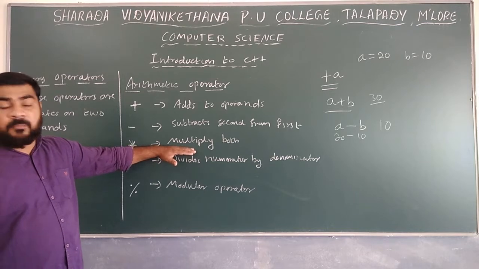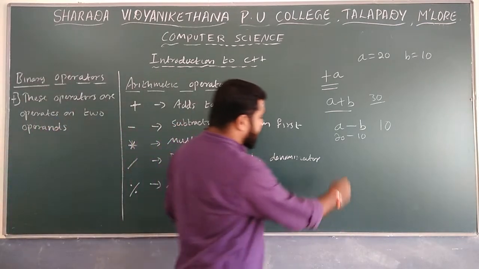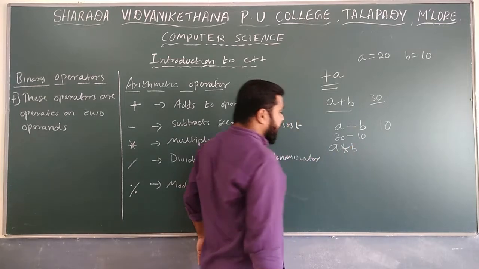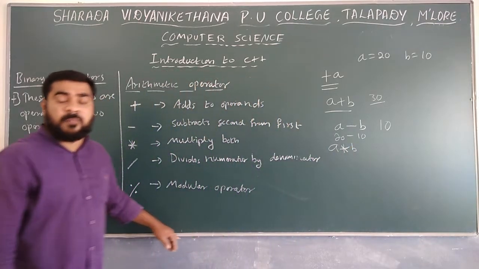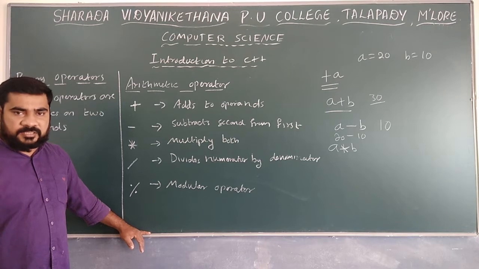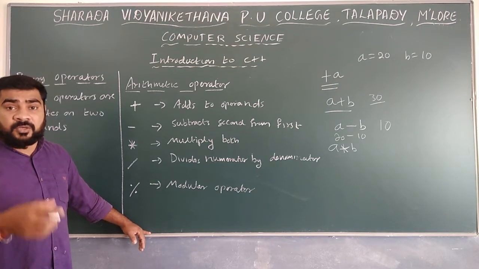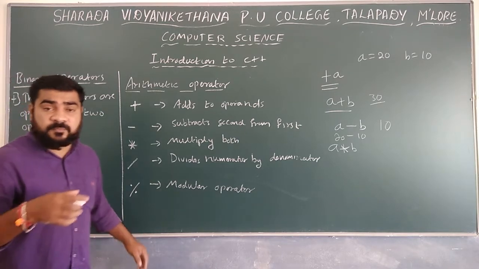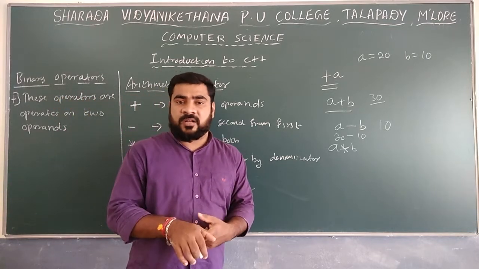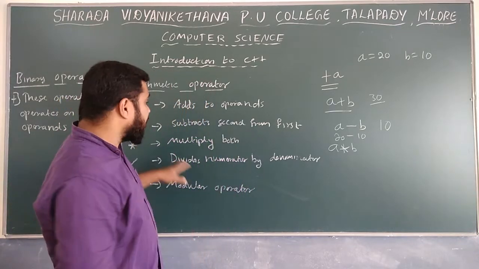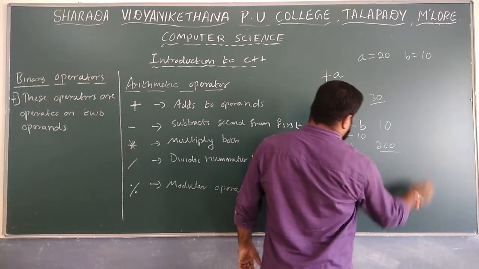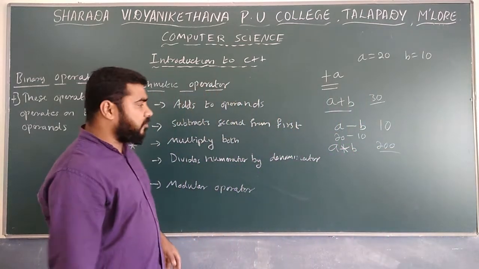I can use an example like this: A star B means A and B will be multiplied. Whenever it is used along with two operands, it is binary. Whenever it is used with only one operand, it is a unary operator. So here the answer will be 200, 20 multiplied by 10.